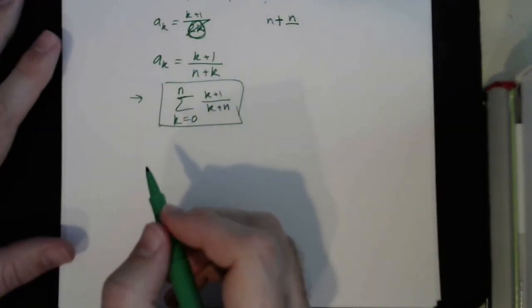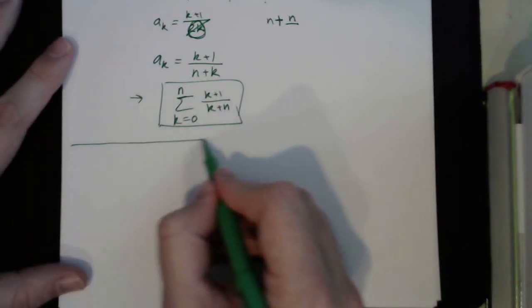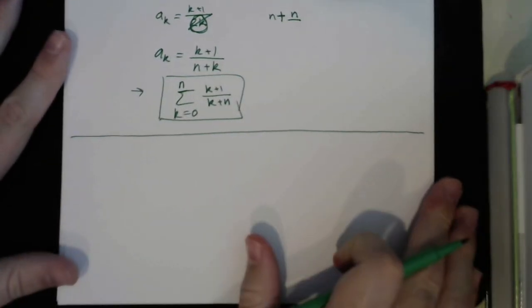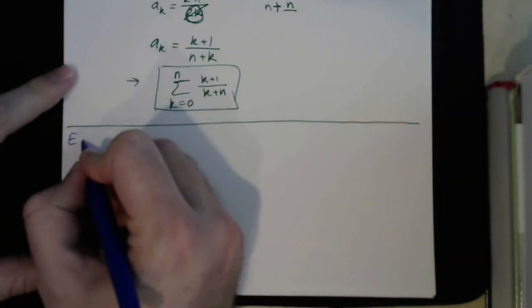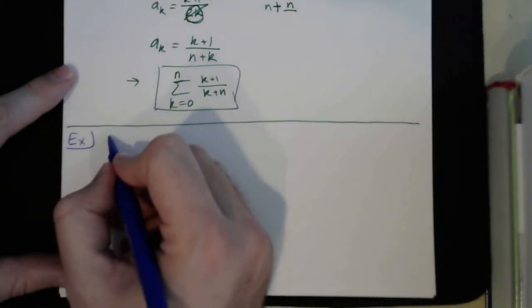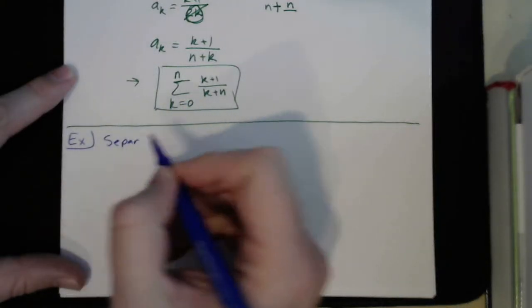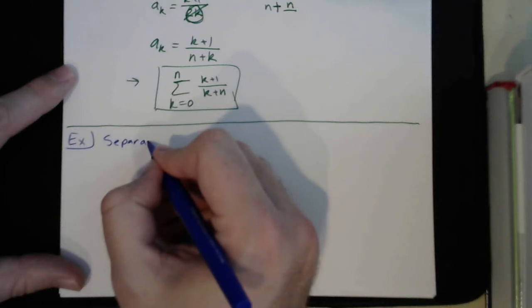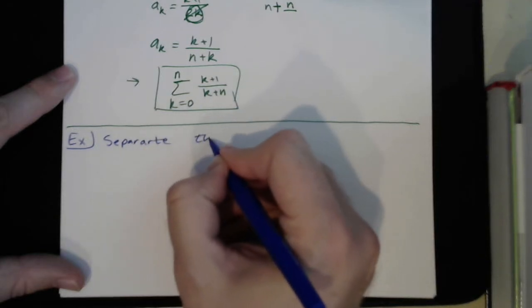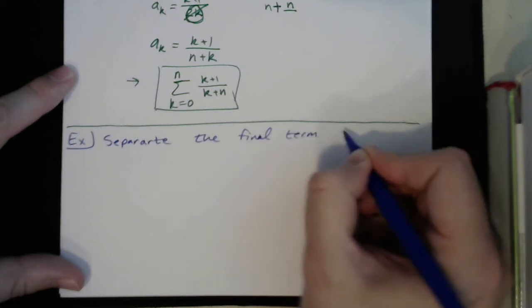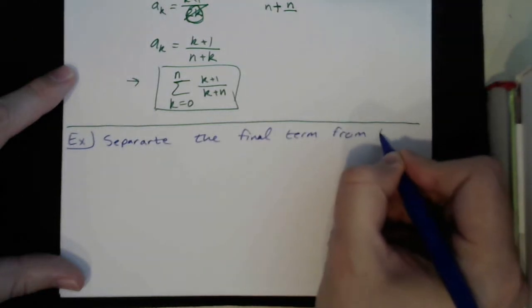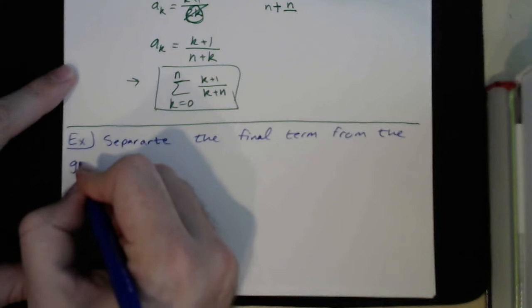So the next couple examples, the next two, are little tricks that you have seen before, but I just want to remind us how they work. So in this example, we're going to separate the final term from the given series.